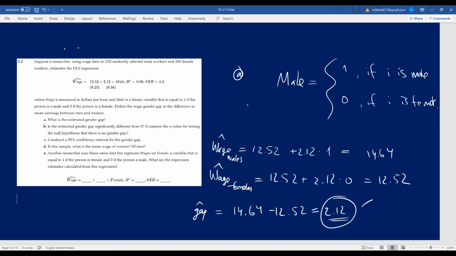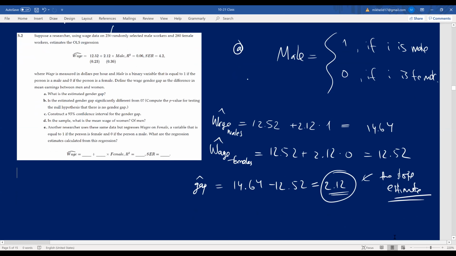If you look at it, it's exactly the slope estimate, that's what it should be. Let's do now part B.